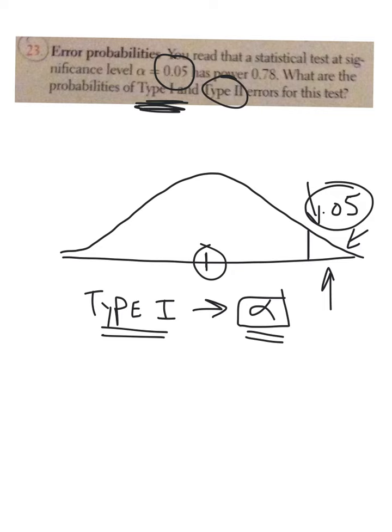The power of a significance test against a specific alternative is the probability that the test will reject the null hypothesis when the alternative is true. So it's like the sensitivity of the test. So let's just say, here's how it works. So let's just say we have this value here, but remember they talk about an alternative value.